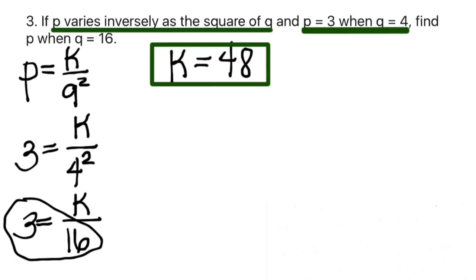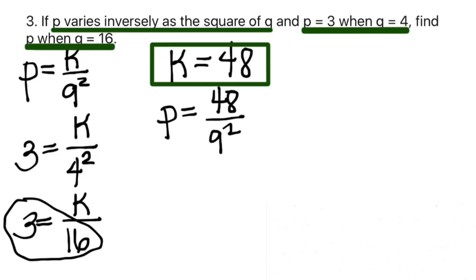So, since we have the constant of variation, we are now going to substitute it to our equation. So, we are going to have p equals 48 over q squared. And then, proceed tayo sa last given, which is yung p when q equals 16.